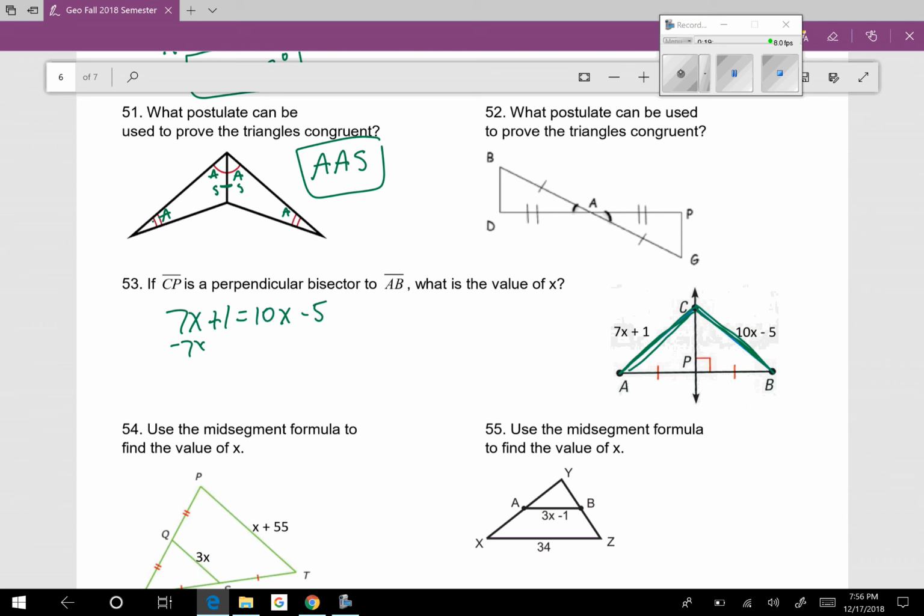So minus 7x, minus 7x. We get 1 is equal to 3x minus 5. Add 5 to both sides. So you get 6 is equal to 3x. Divide by 3. So x equals 2.